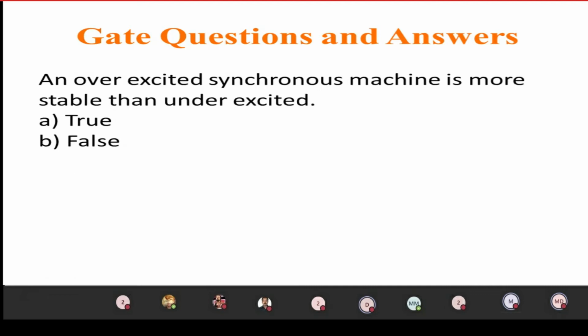Next thing, over excitation. So what is excitation? The synchronous machine works under the principle of Faraday's law of electromagnetic induction. Whenever flux cuts the conductor or the conductor cuts the flux, EMF is induced in the conductor.